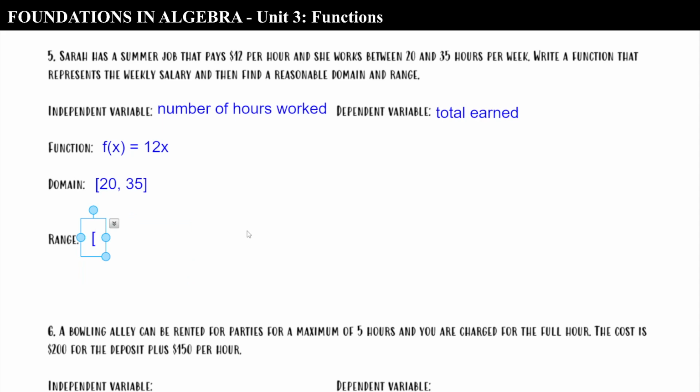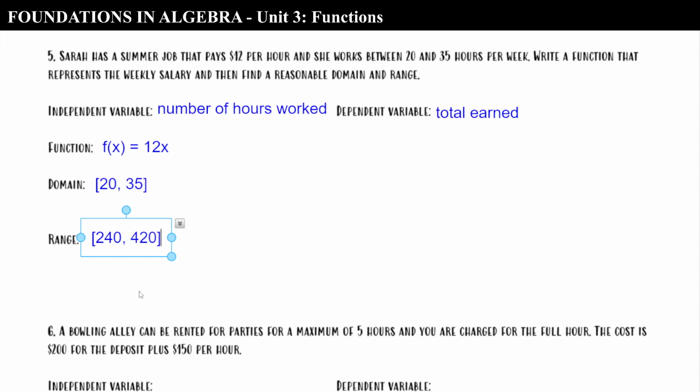So on the bottom end, if we put 20 in, 12 times 20 is 240. So at the very least, she'll make $240 for the week for working the 20 hours. On the top end, if she does the whole 35, she'll get paid $420, and that's what she'll top out at. She won't make any more than that during the week because the most she will work is 35. And she can make any value in between these two numbers.